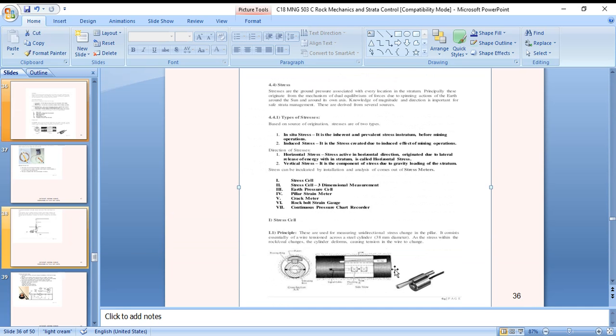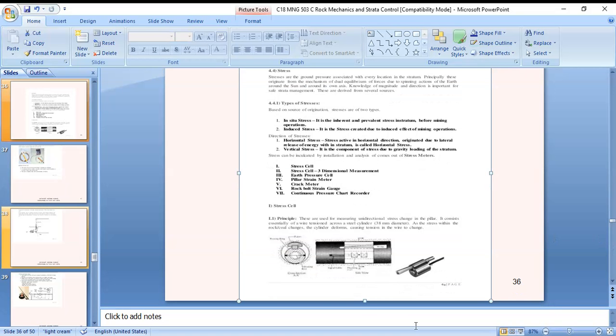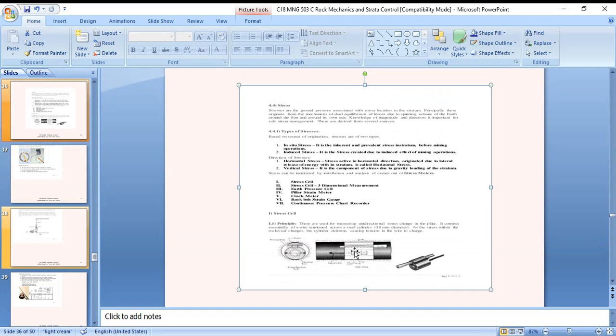Stress measurements, coming to the stress measurements. Stress is the general pressure associated with every point in the stratum by principal dimensions. Types of in situ stresses are there, induced stresses are there, horizontal stresses and vertical stresses, stress cells, earth pressure cells, pillar strain meters, crusher meters.